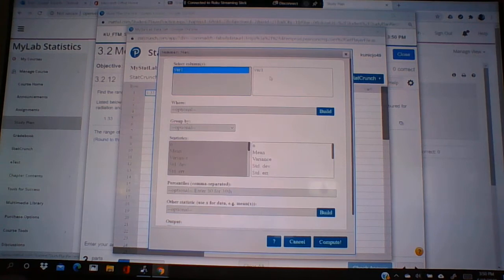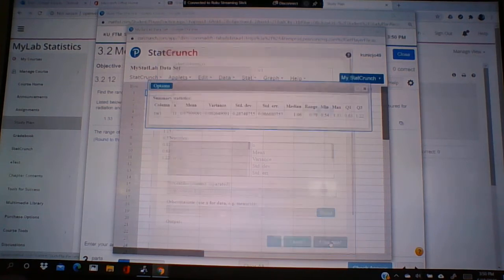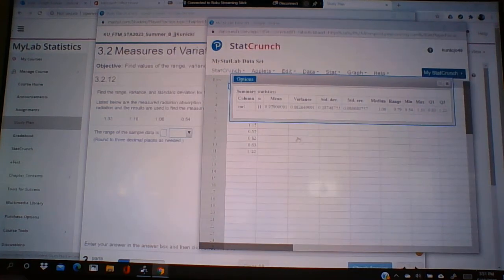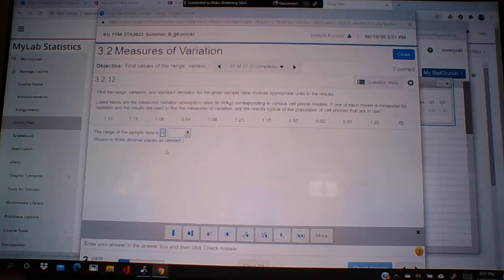As soon as it comes up in the right-hand box, I'm good, and I do compute. And the values I need are there. The sample, the range is given, 0.79. They're 3 decimal places. So I could add the extra 0 if I want. It doesn't really matter.